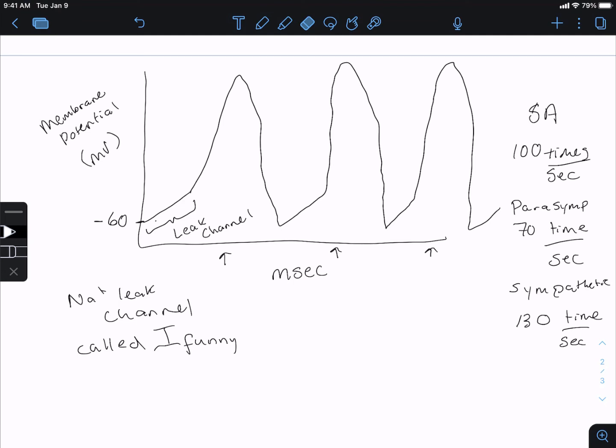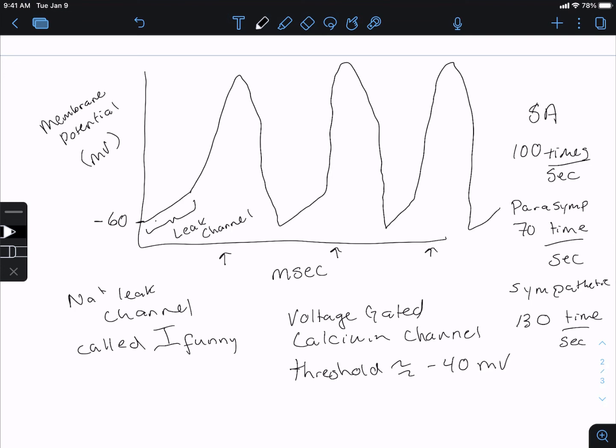So as sodium leaks into the cell, it will gradually depolarize, and then we have another channel, a voltage-gated calcium channel. The threshold voltage for that one is going to be approximately -40 millivolts to -35 millivolts, somewhere in that range.